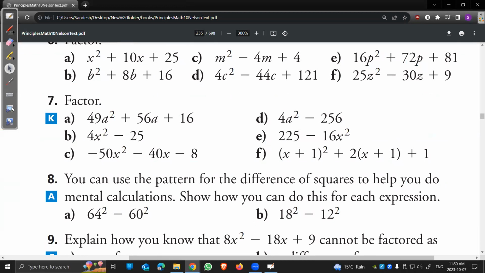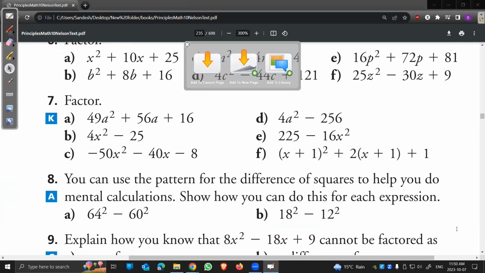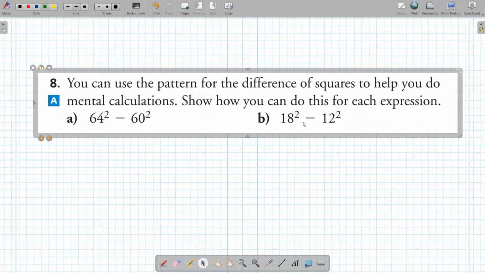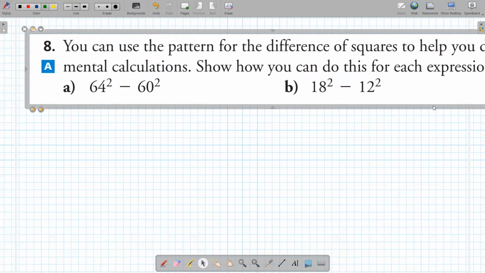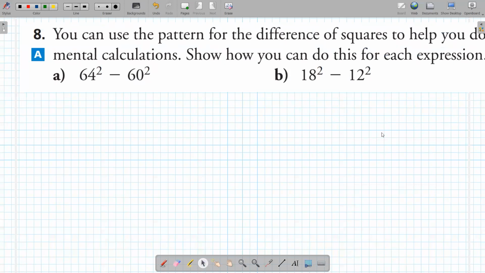Okay, here, let's do some mental maths. So they want us to find the answers to these, right? But we cannot use a calculator, so how can we rewrite it? It's in the form of a difference of squares.